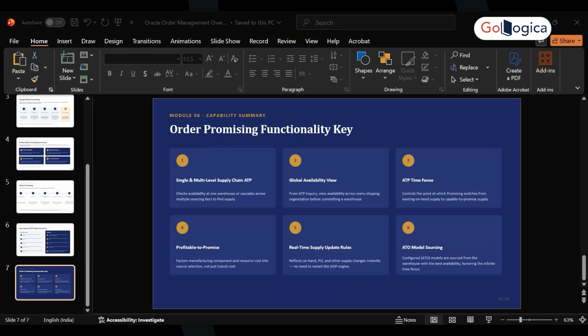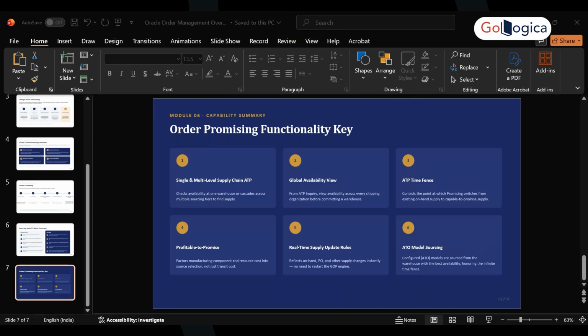Oracle supports this business model through the assemble to order functionality, in which when an ATO sales order is created, Oracle identifies the warehouse or manufacturing organizations that can assemble and deliver the configured product more efficiently. The selection considers the inventory availability, the manufacturing capability, the supply chain configuration, the sourcing rules, and the lead time configuration.